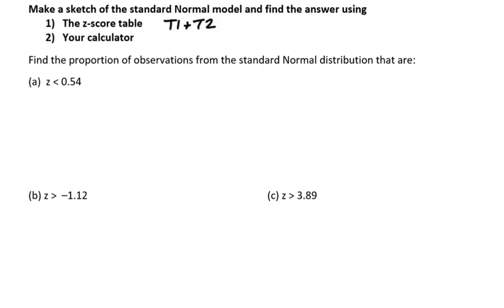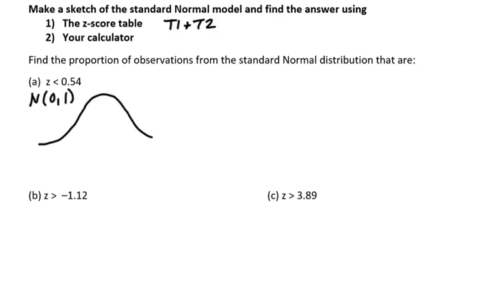So the first thing we're going to look at is what percentage or proportion of the observations from a standard normal distribution are less than z equals 0.54. So we're dealing with a normal model that has a mean of 0 and a standard deviation of 1.